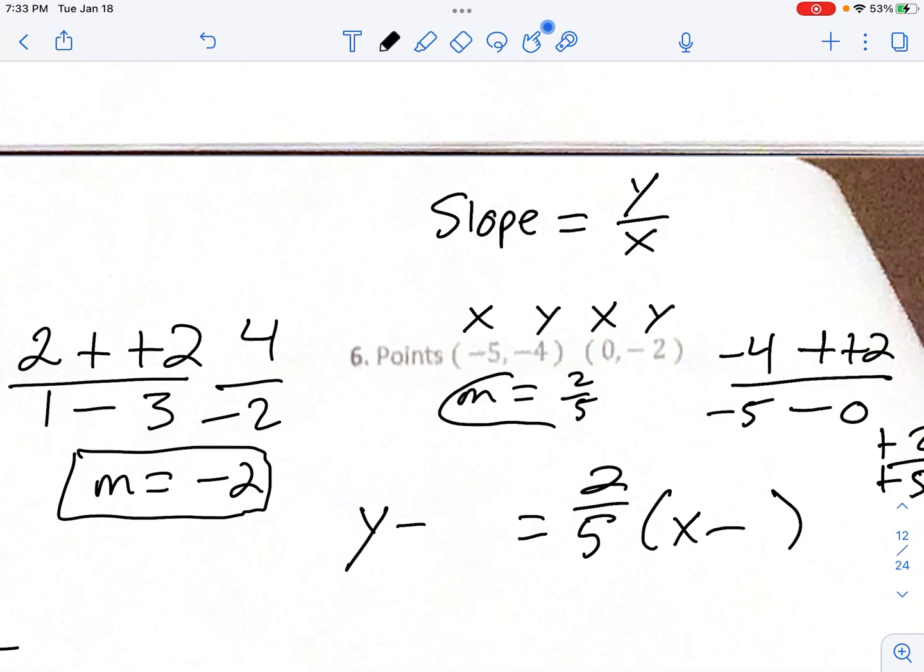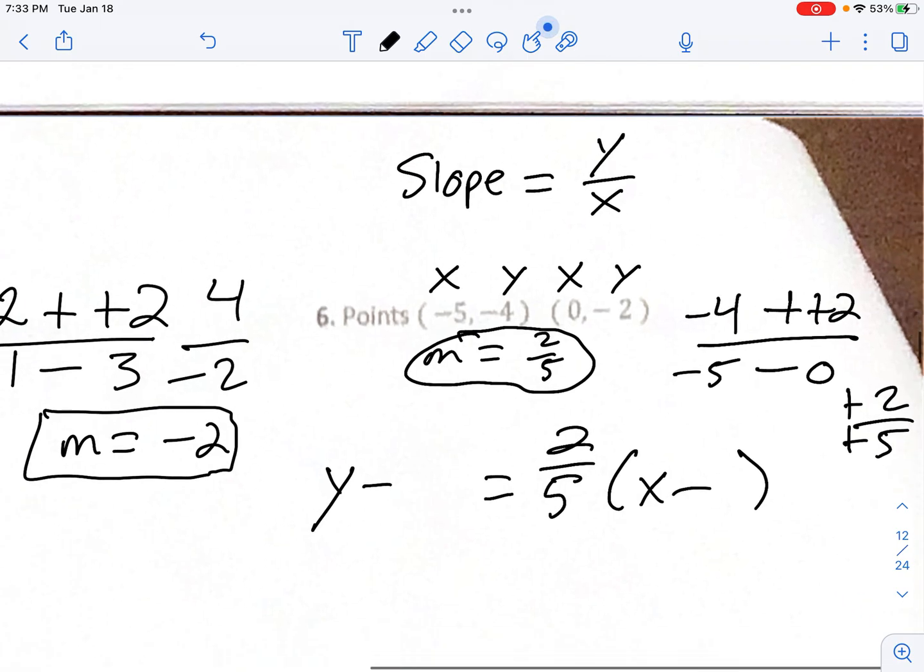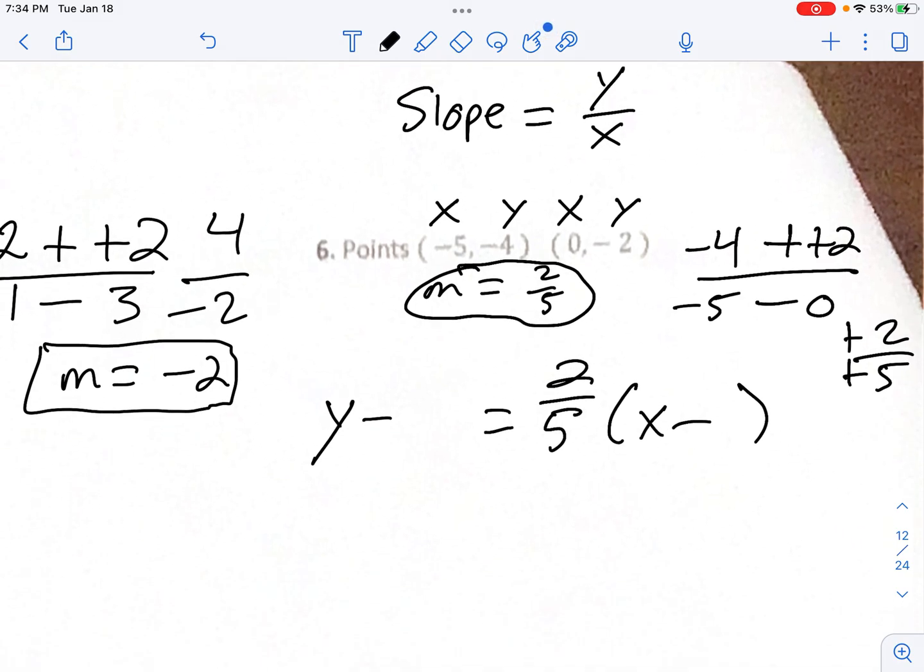All right? Now, again, you get to choose which point you want to plug in. I generally try to avoid the negatives, so you can bet that I'm not going to do number 1 because both numbers are negative. So I'm going to go with the second point. All right?